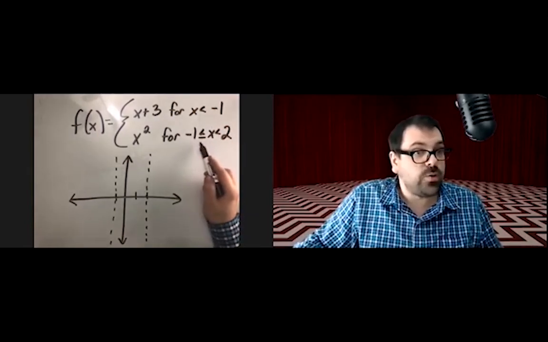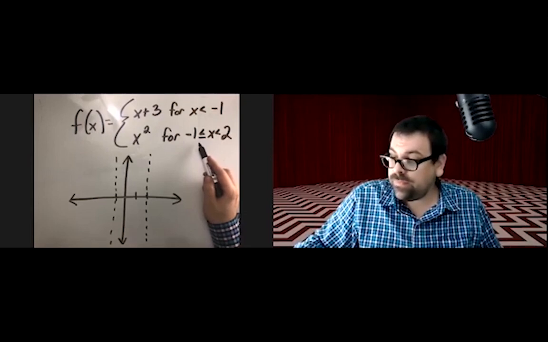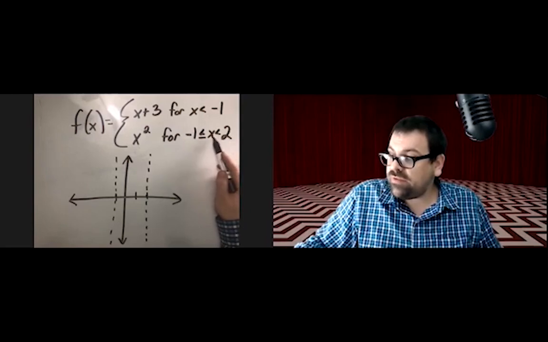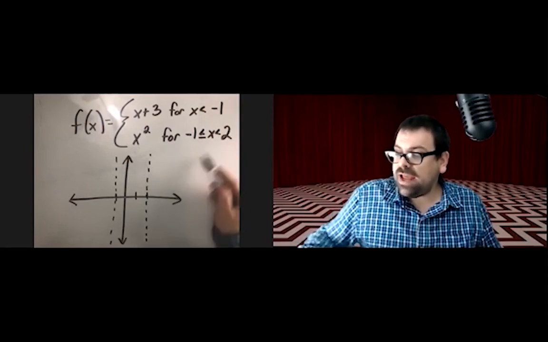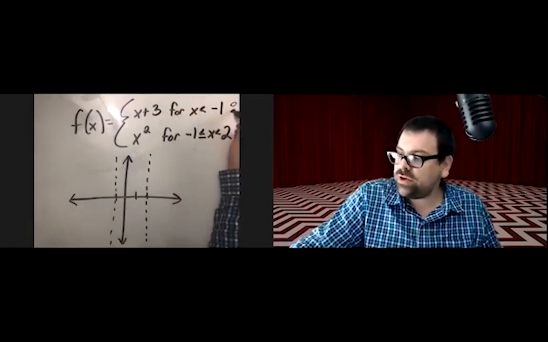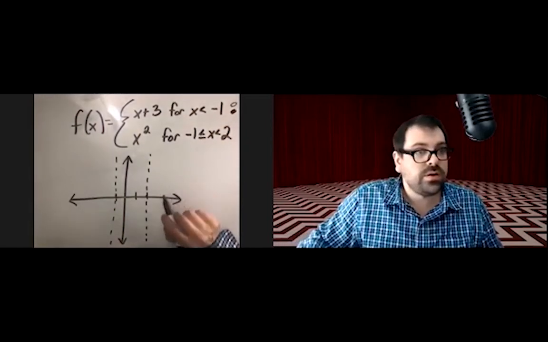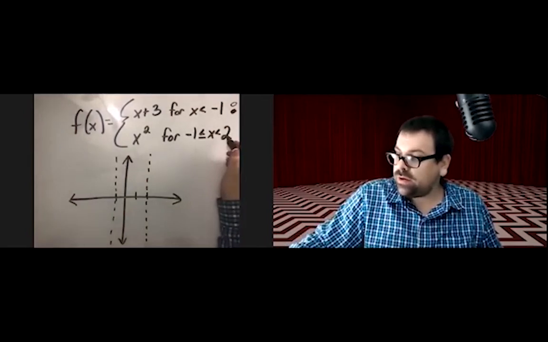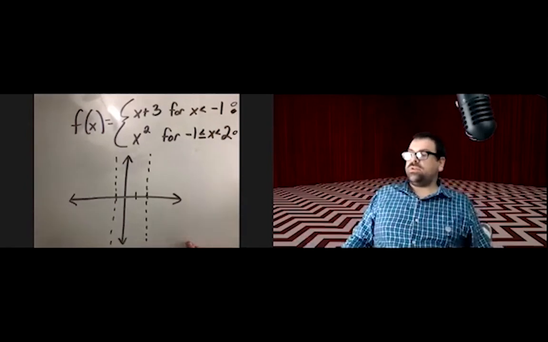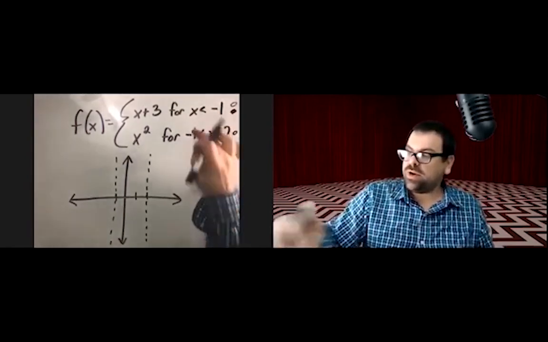We also have an or equal to. At 2, we're going to have an open circle because we have a less than 2, but we don't have another one with 2. So here we'll have an open and a closed. Here, we're just going to have an open for 2. At -1, we'll have an open and a closed.